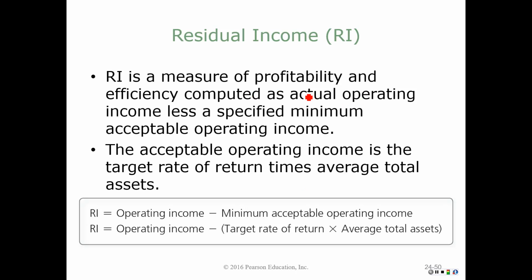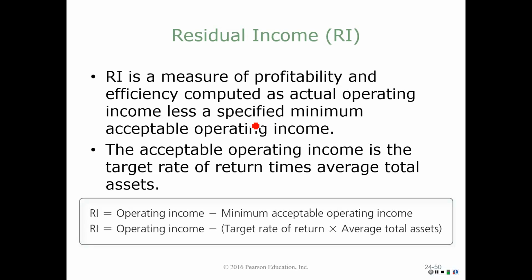We're looking at our actual operating income less a specified minimum acceptable operating income. Okay, so what are we actually generating back out of that, our specified minimum that we would have to generate if we move forward with these investments?